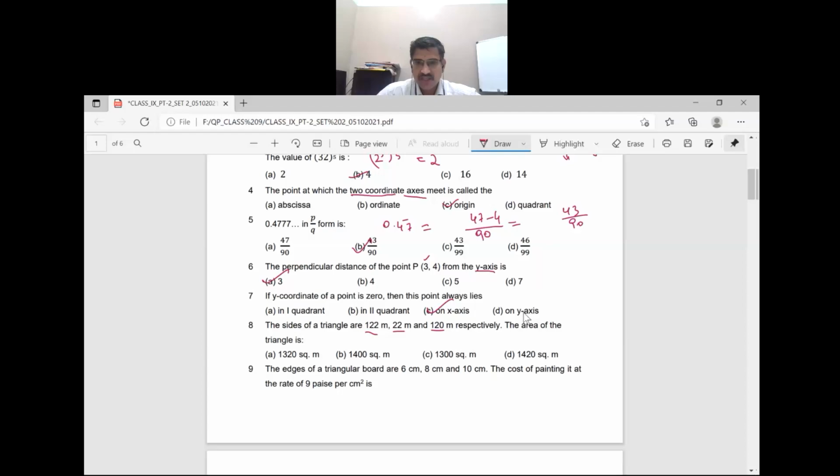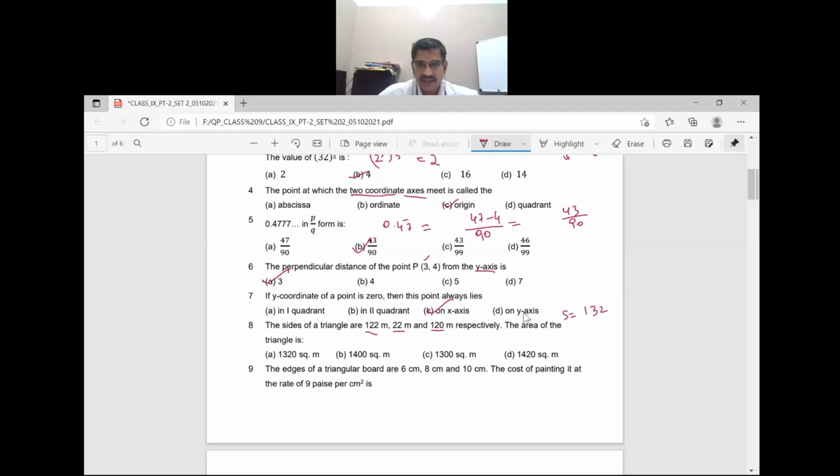Here S is the semi-perimeter. So 122 plus 22 is 144, 144 plus 120 is 264, and 264 divided by 2 is 132.